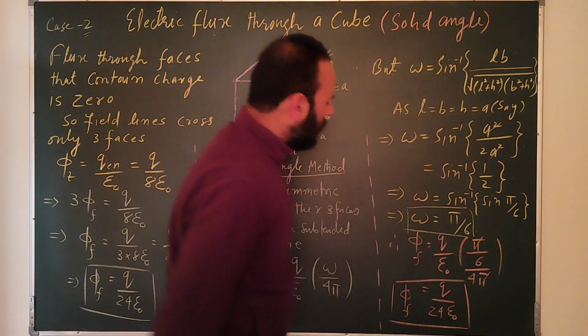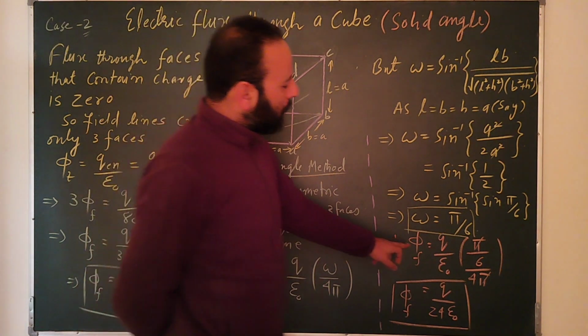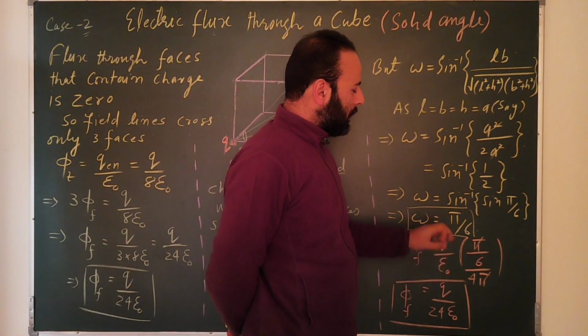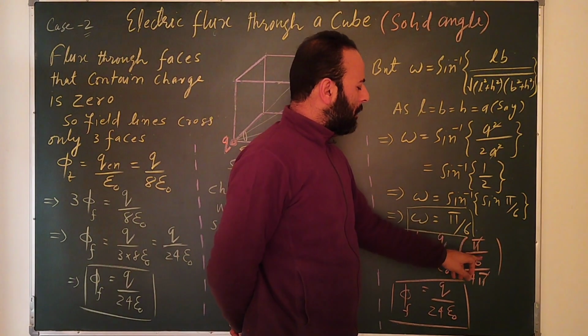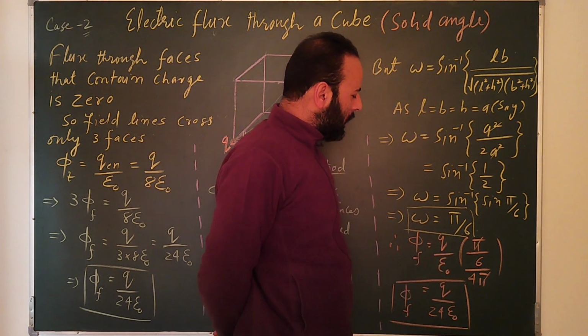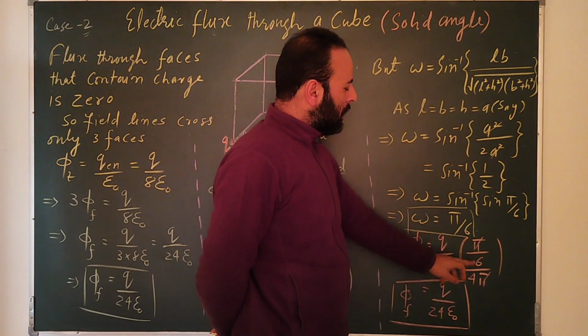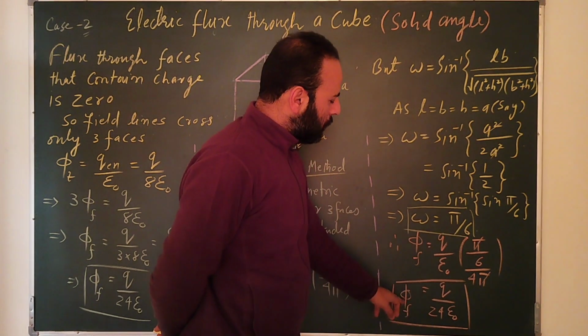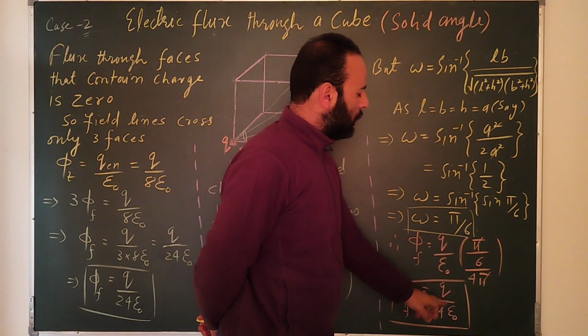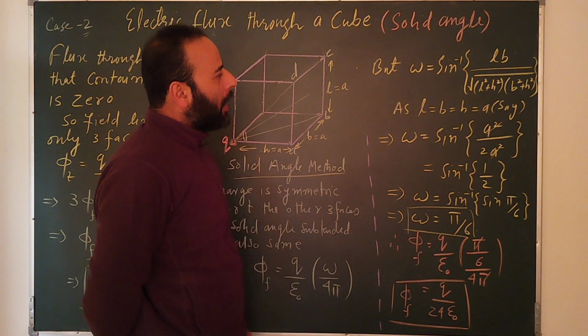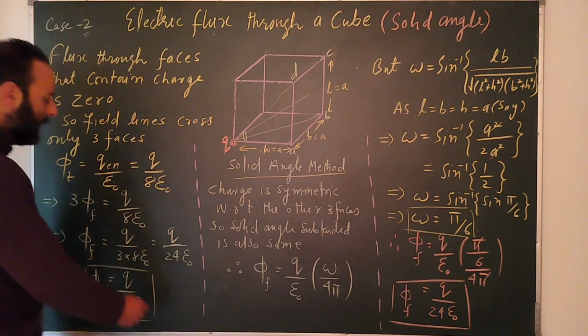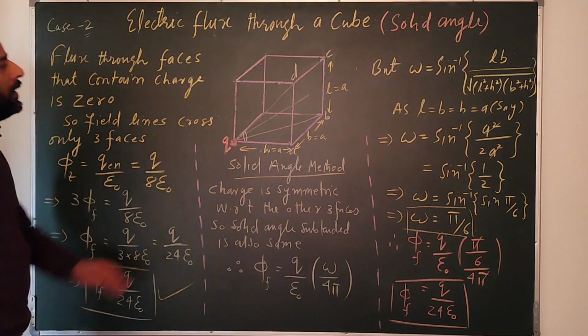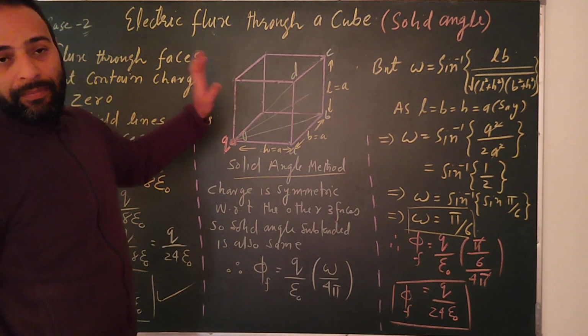So using this solid angle in this formula, flux through each face is q divided by epsilon naught, then omega pi by 6 divided by total solid angle. So pi and pi will cancel, this 4 will go up here, so flux through face is equal to q divided by 24 epsilon naught. That is exactly the same as we have calculated by the symmetry method.